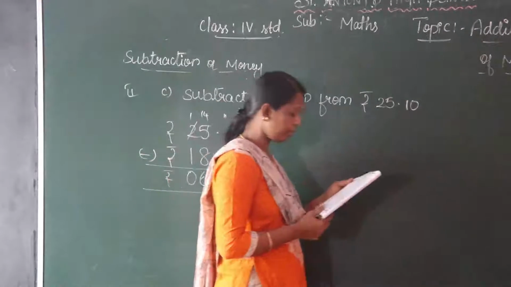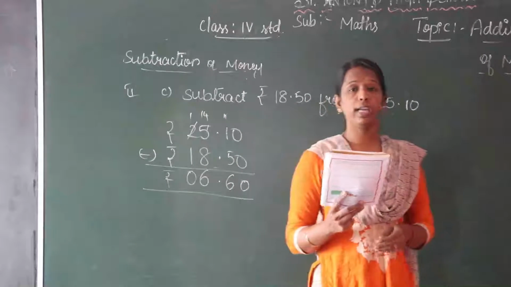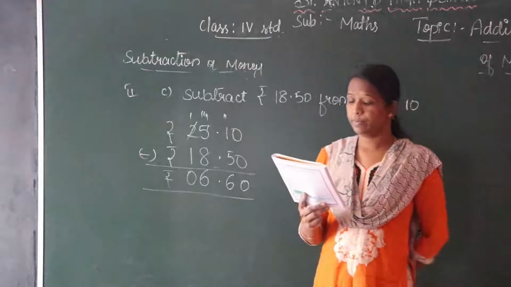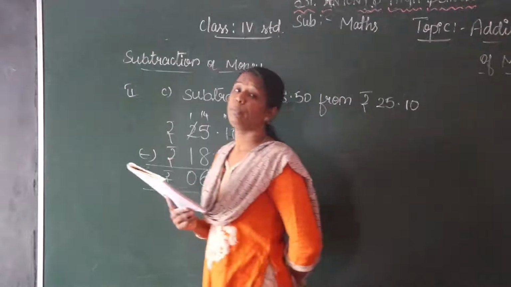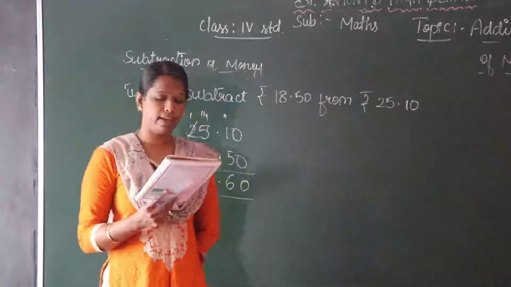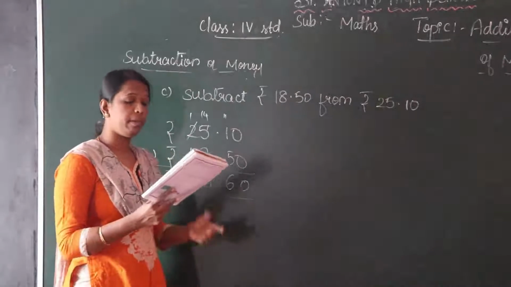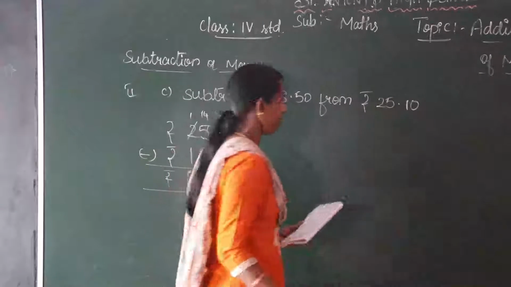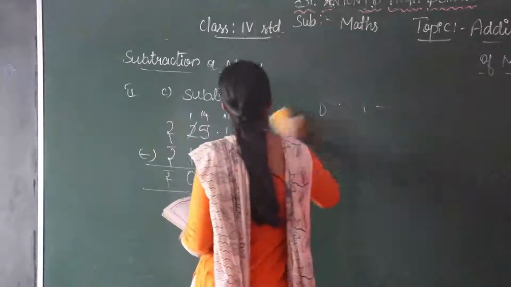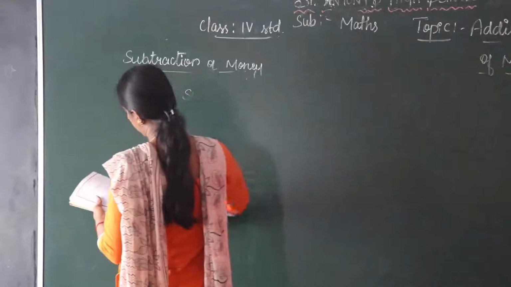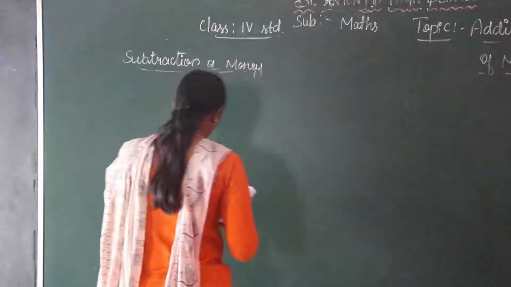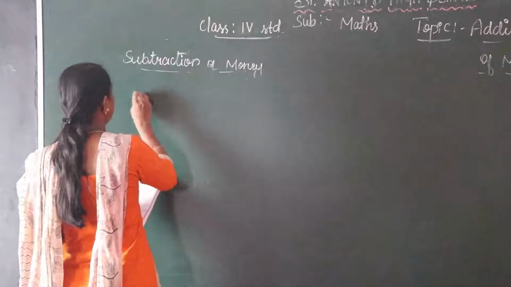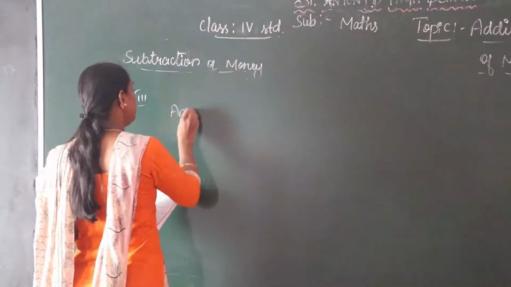So here is a statement problem. Sonika has rupees 50. She purchases bangles and rings for rupees 45.50 paisa. What is the amount remaining with her? Sonika has some amount with her, amount with Sonika.